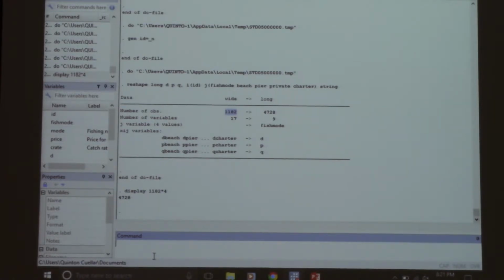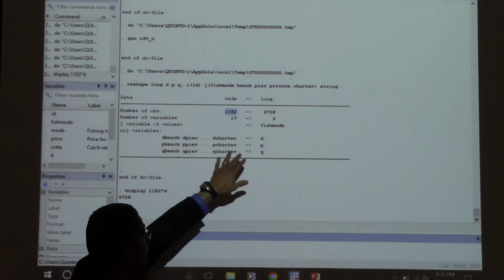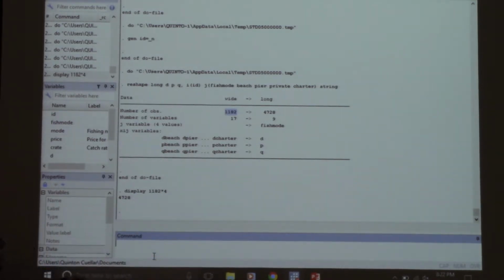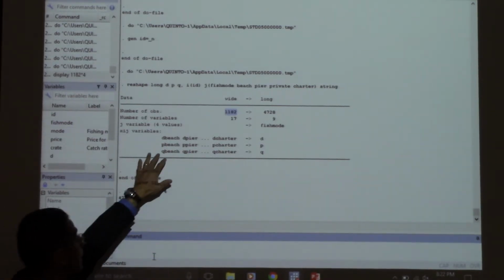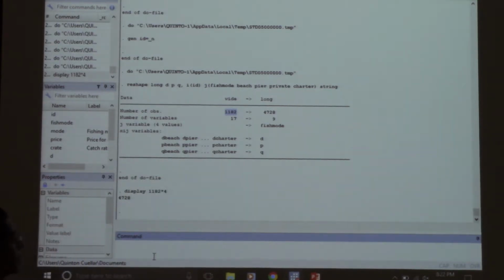And it tells us that we did that there. We had 17 variables, now we only have 9. And it tells us what we did. We took the D off of all these and created D, which is your decision. We took the P off of all these, and that creates our price. We took the Q off of all these, and that created our quantity. We didn't take the P off of price and create something called Rice.